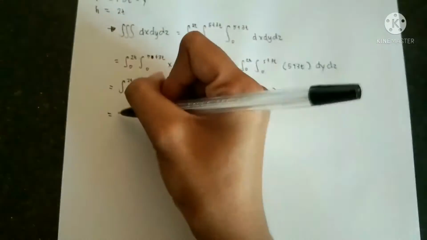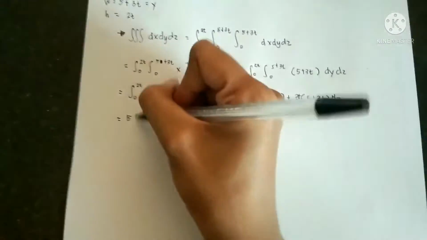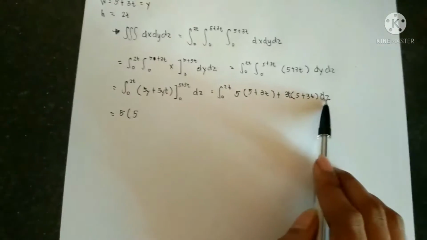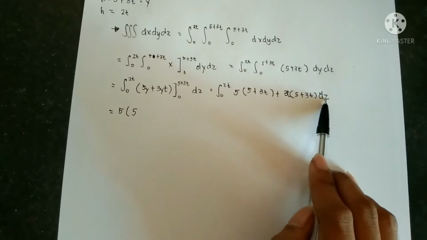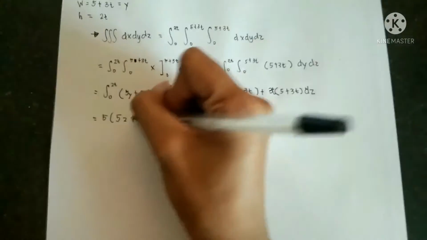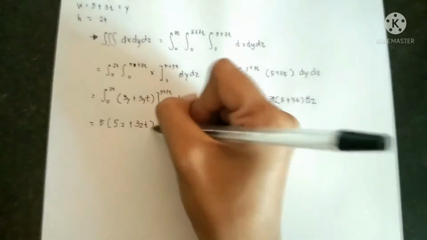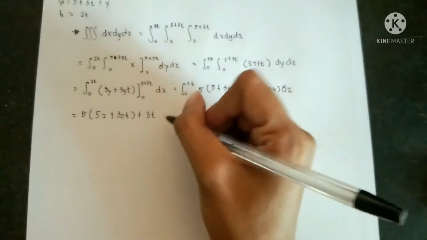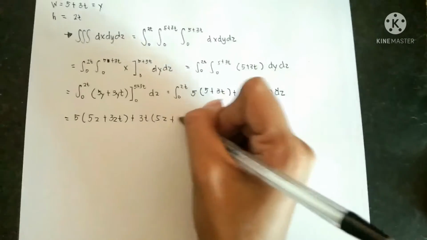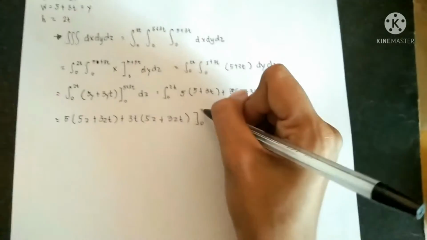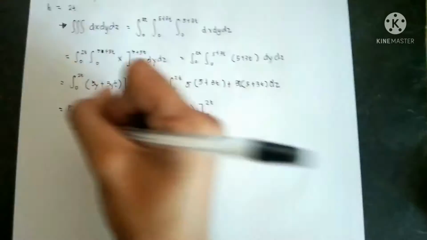So magiging 5, write muna natin 5. So the integral of dz is z. So yung z is distribute natin dito. So magiging 5z plus 3zt, then yung 0 to t.